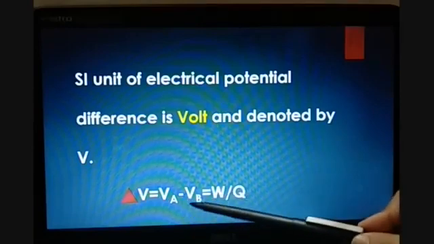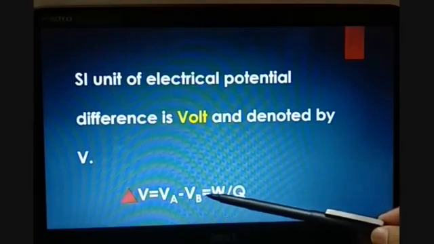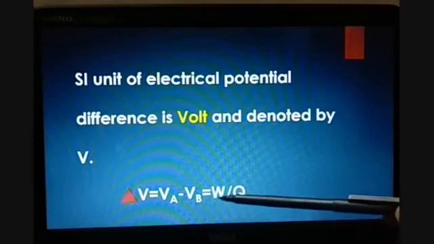This is also the potential difference, so it has the same formula.